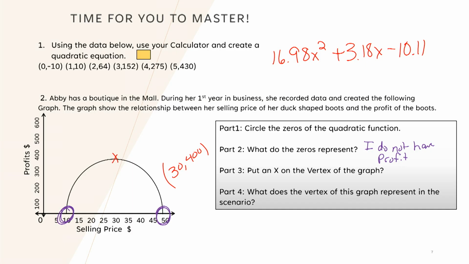What is that vertex telling me? When Abby is selling these duck boots at $30, she's getting $400 in profit. So what we want to make sure is we understand what each one of these parts means in this scenario.